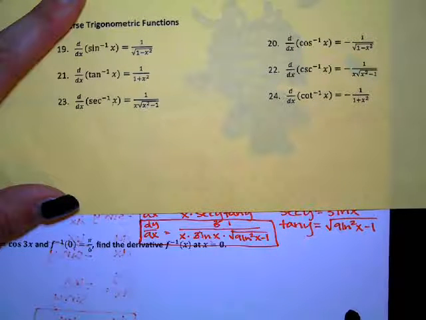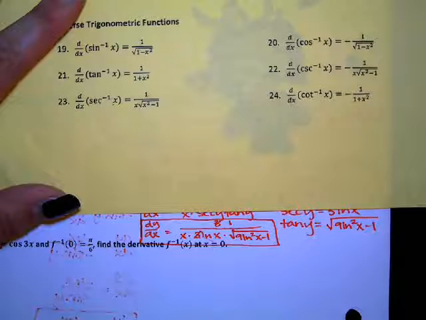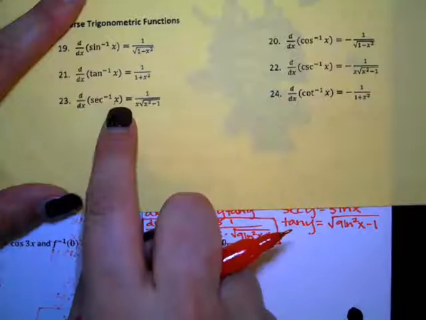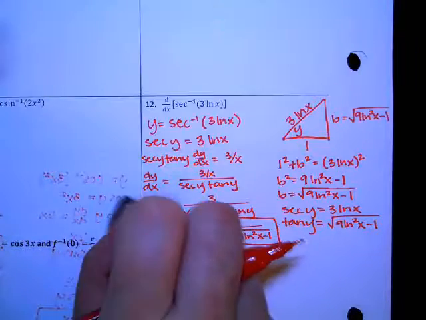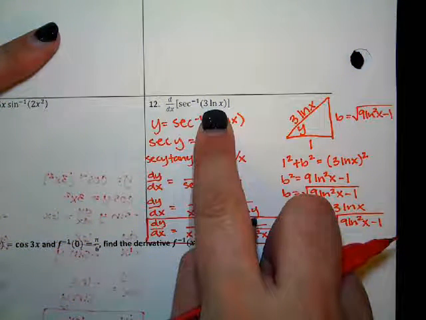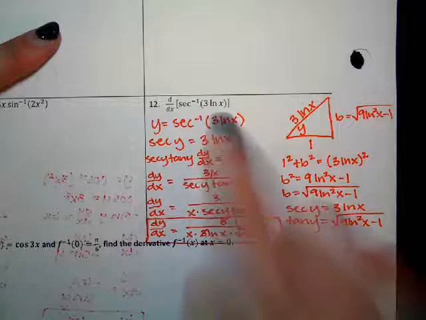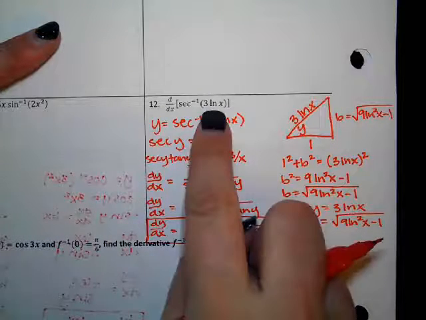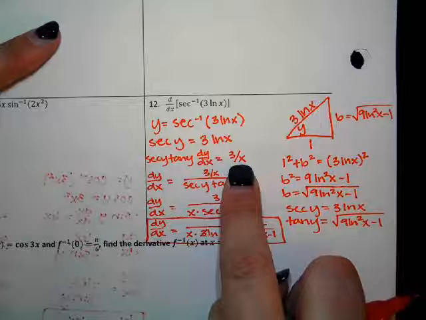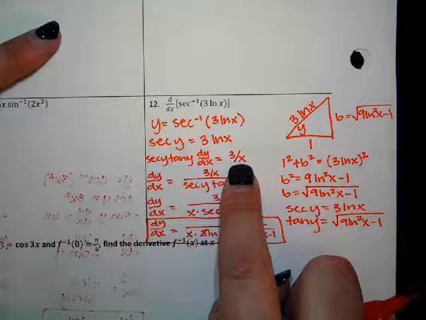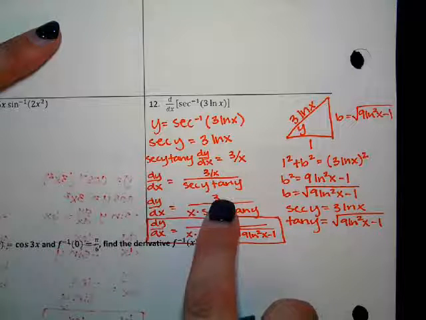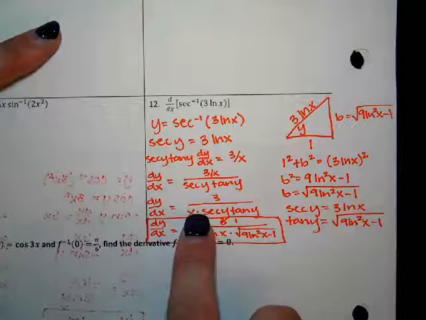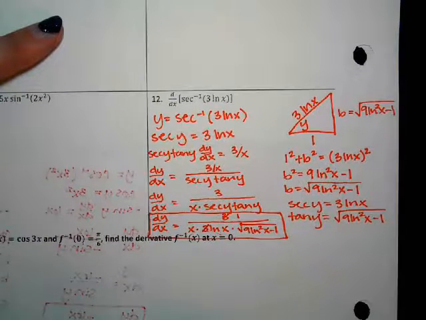As we did this problem, our inside function was 3 ln x, so we would have had to multiply by the derivative of the inside, and we know the derivative of the inside was that 3 over x. And so that's where we got that 3 on the top, x on the bottom. That's where all those pieces came from if we had done that shortcut instead of doing it the long way.